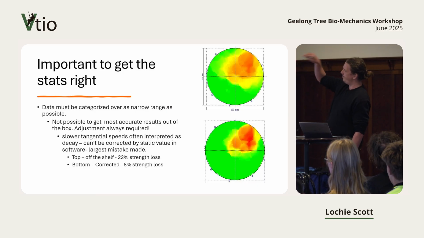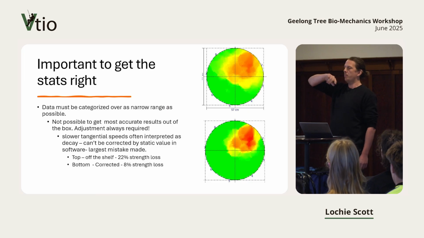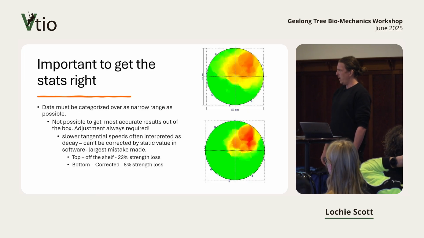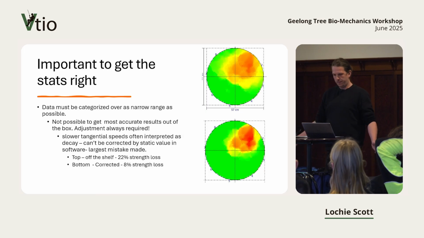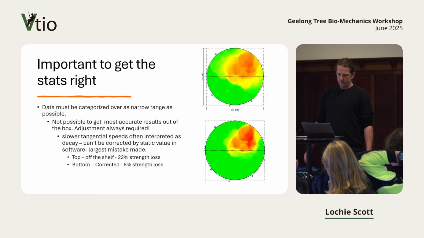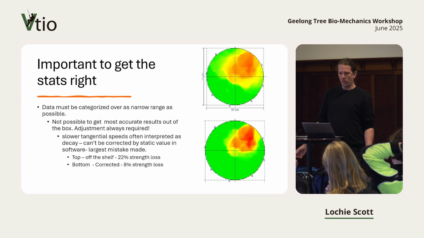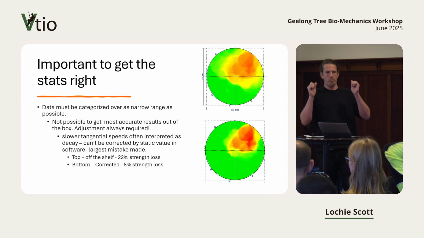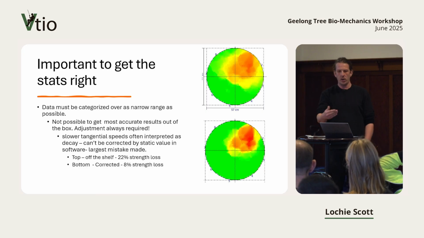Unfortunately, the projector kind of doesn't make the colours look right here. But if you get all these times and put them on a scatter plot, you want to categorise all your data over as narrow a range as possible, because you have to put all of it in a box, right? And you get, say, 4 colours. You get red, yellow, green.